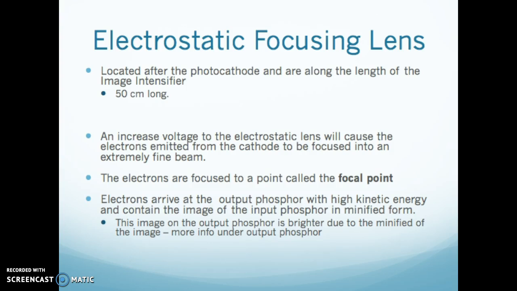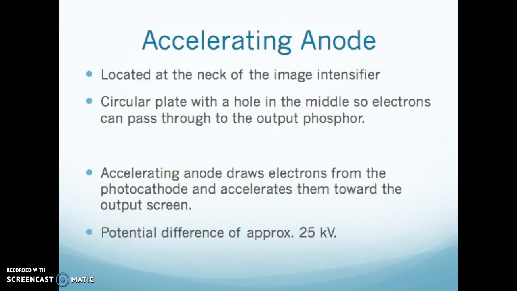Okay, so in a minified form. What happens is the image on the input phosphor is accelerated and minified. So when it hits the output phosphor, it is a lot brighter. So that's the accelerating anode. It's located at the neck of the image intensifier.